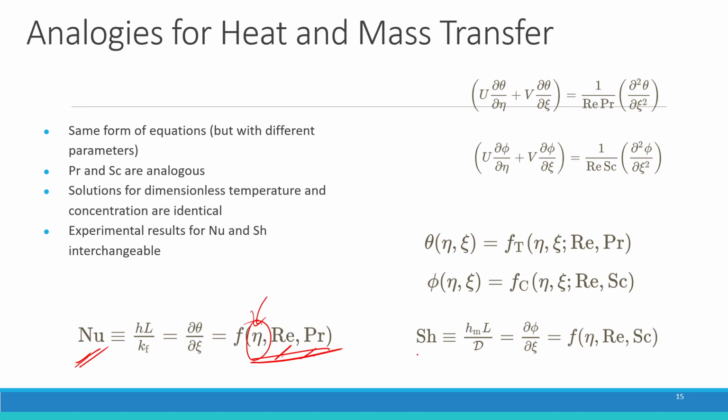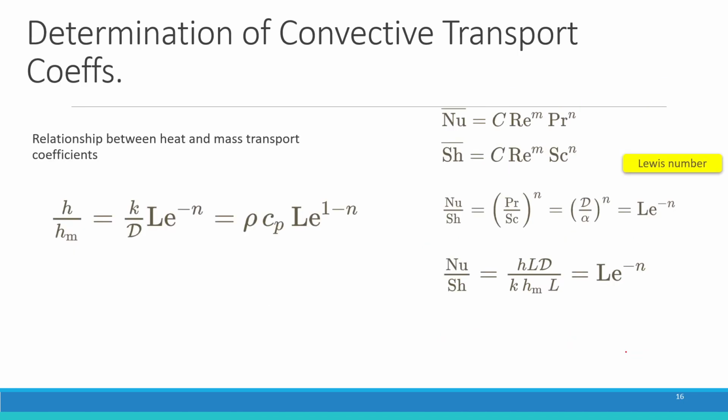Similarly, for Sherwood number, in terms of mass transfer, you can write the same, but the equivalent of Prandtl number becomes Schmidt number. Then this is a correlation between the heat transfer coefficient as well as the mass transfer coefficient. That is, h is the heat transfer coefficient and hm is the mass transfer coefficient, and their ratio you can find by these equations.